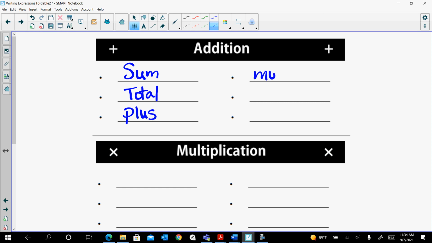If I see more than, that's indicating addition. Increased by, and then added to. So if we read these phrases, we need to translate them into addition operations.